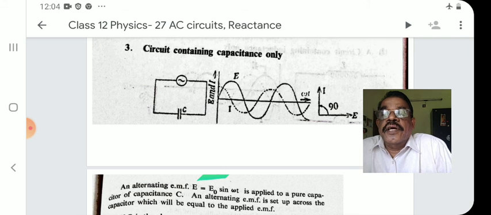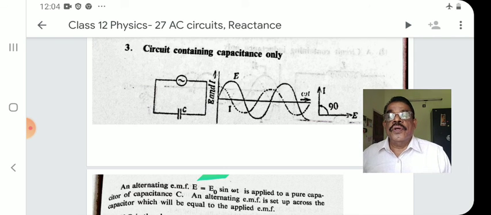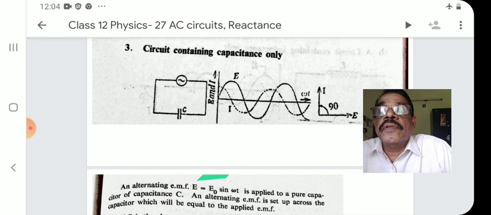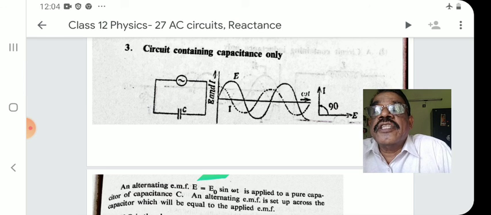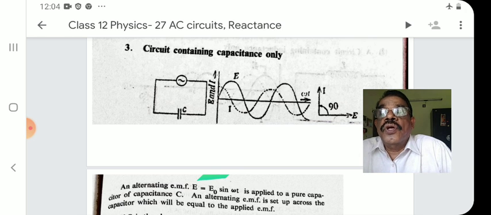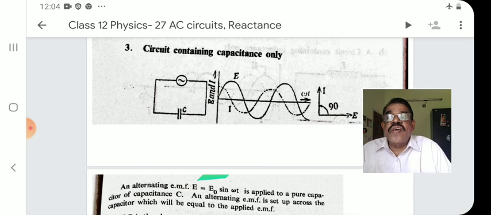When the current is maximum, the voltage is 0. And when the current is 0, the voltage is maximum. Current always runs faster, 90 degrees faster.